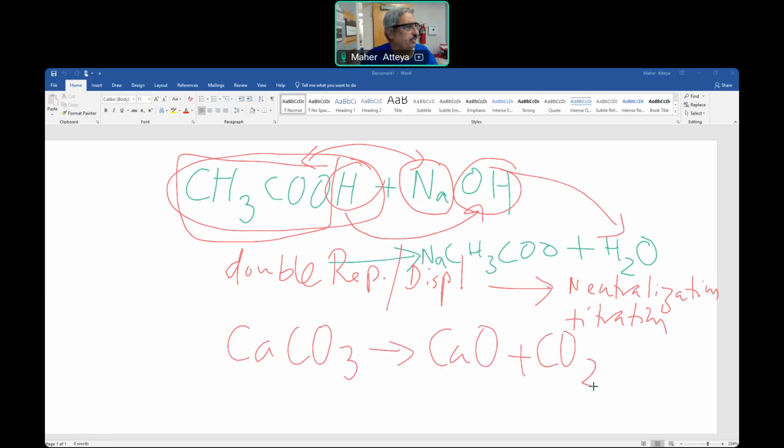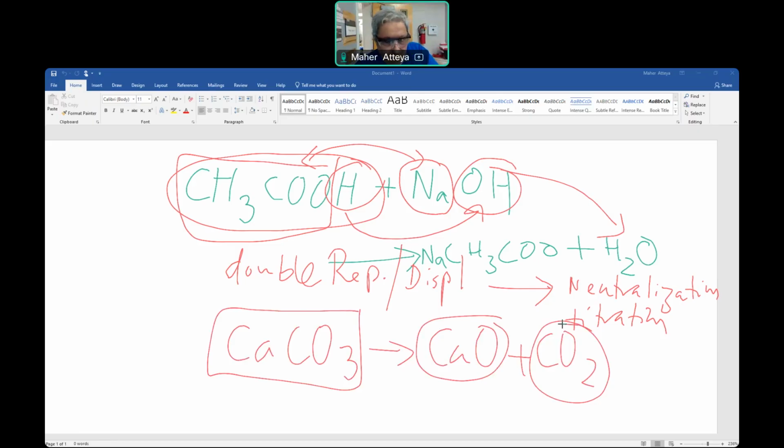What type of reaction is this? What's that? This is decomposition. You break a single molecule or single compound into two or more compounds, correct?